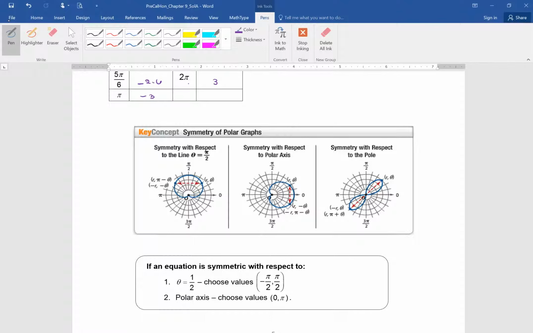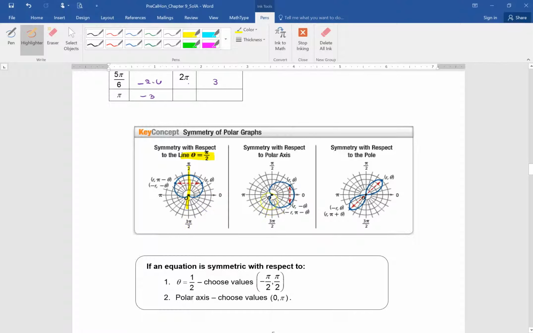So we have 3 types of symmetry. One is you can have symmetry with respect to the line theta equals pi over 2, all right? And theta equals pi over 2, that's this line here. So look at this. This graph is symmetric around that vertical line, theta equals pi over 2.